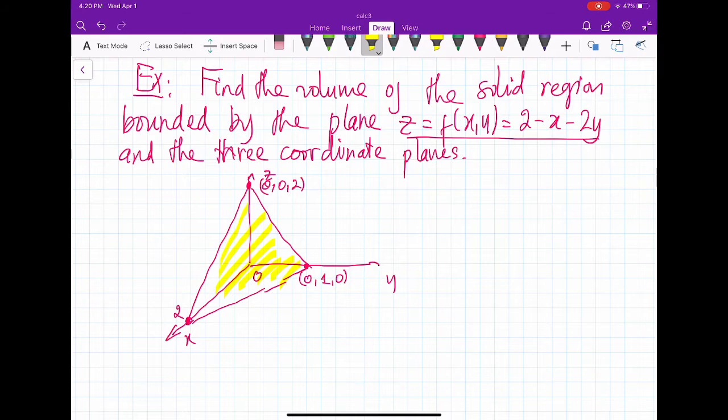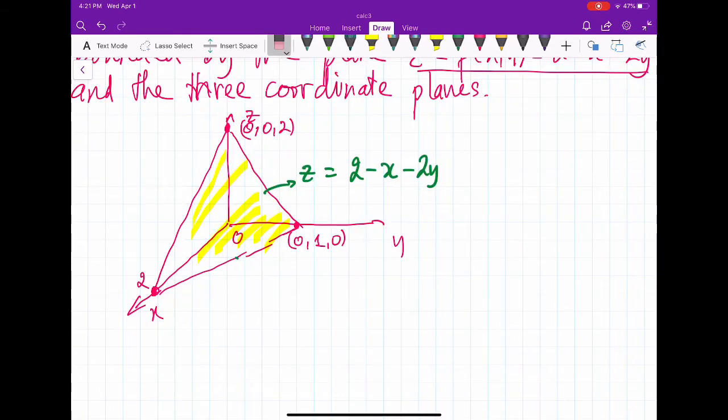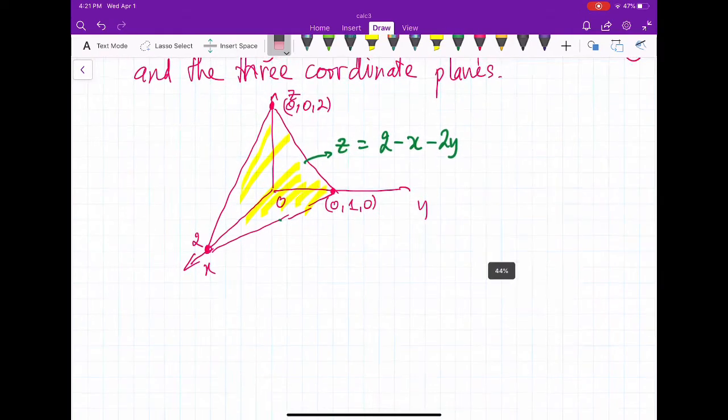Makes sense? And they ask us to find the volume of this region. Okay, so how to do that? That is the plane z equal to 2 minus x minus 2y. So if we consider double integrals, and use double integral to solve this problem, we would have the following one.